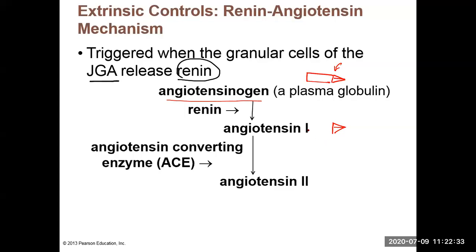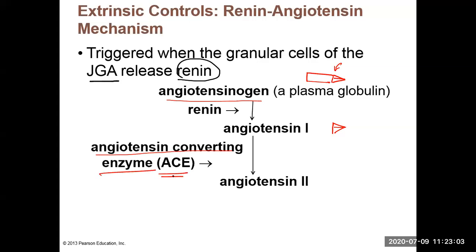All right. Now, angiotensin 1 needs to get converted into angiotensin 2. And this is where you need an enzyme. Some of our blood vessels involved in the respiratory system, the pulmonary arteries and such, have this enzyme. This is angiotensin converting enzyme.